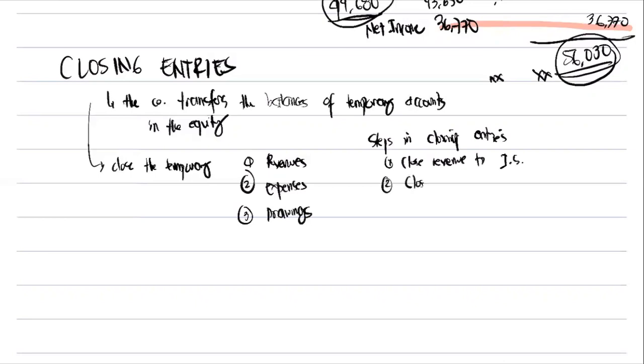Second, close expense to income summary. Third, close income summary to owner's equity. Fourth, you close drawings to owner's equity.